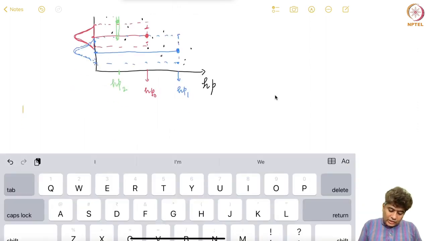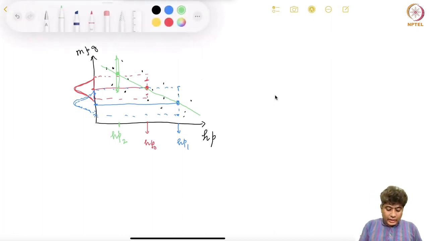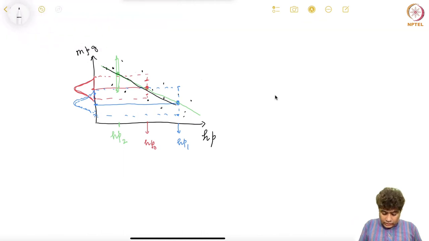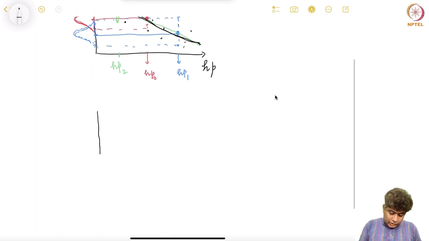Now if we join these expected values, then what we get is the expected line, or what we call the regression line. Generally we can think of this as the line that is passing through the middle of the points. This is the expected line that we can think of. So we have this distribution essentially.